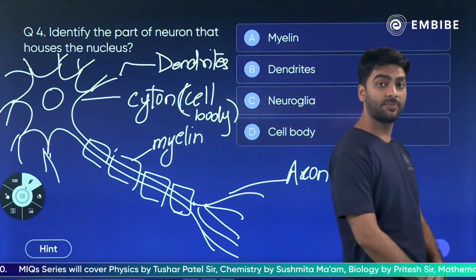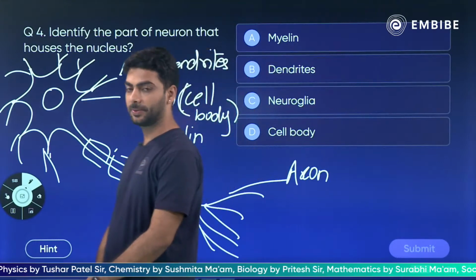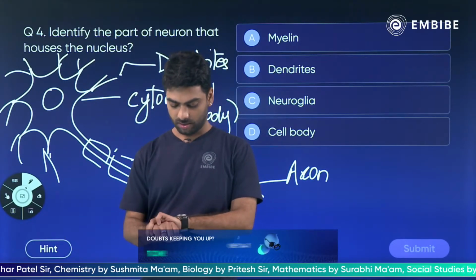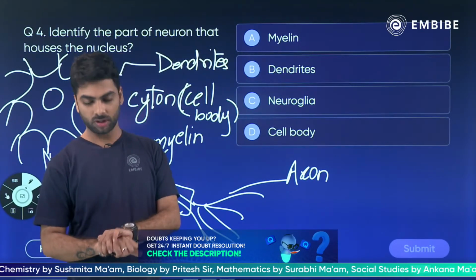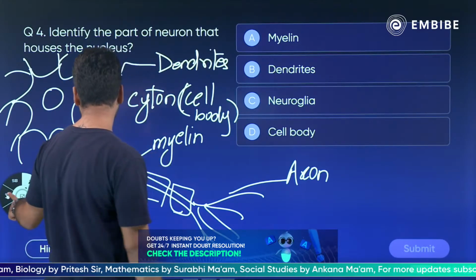Aditya says D, Simran says B. Okay, 10 more seconds. 5, 4, 3, 2, 1. Maximum of you are saying D.